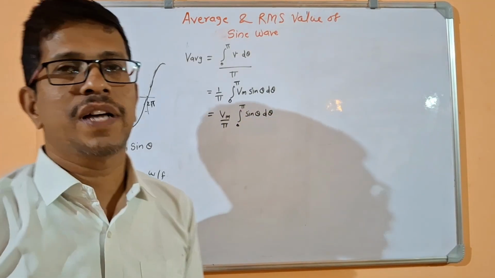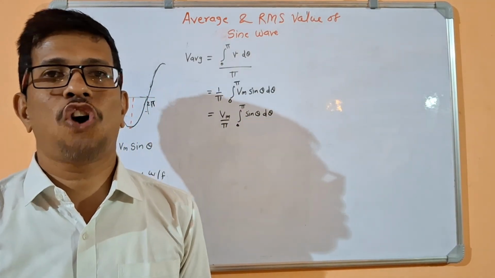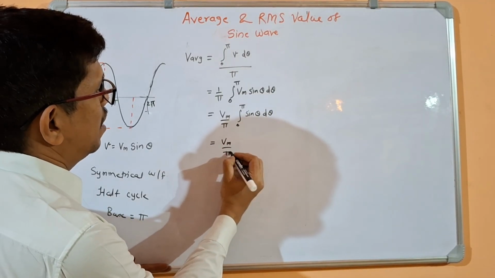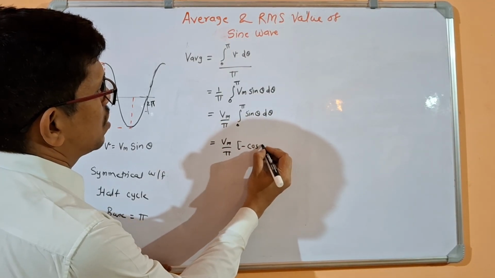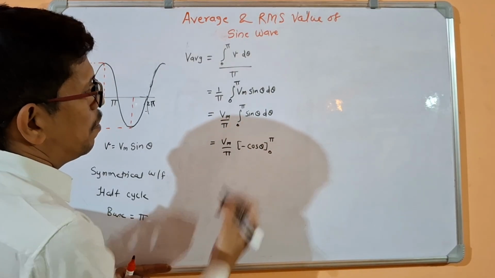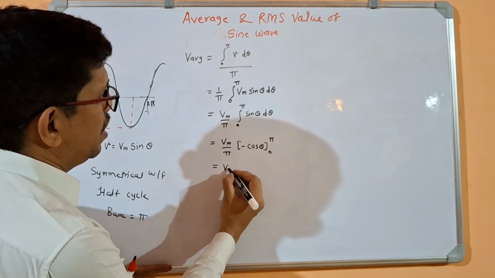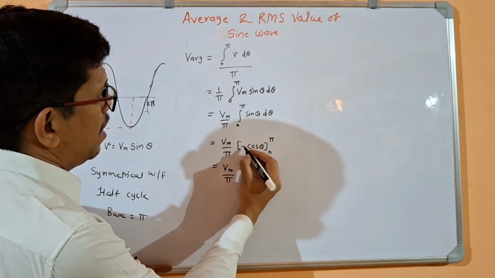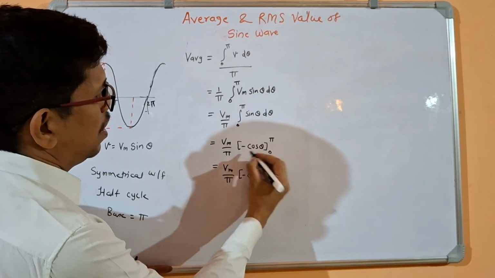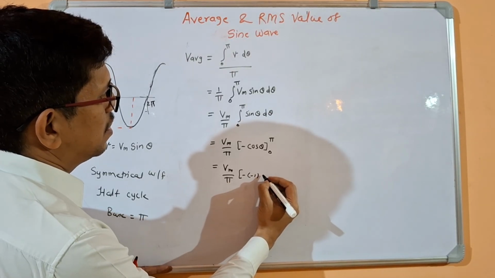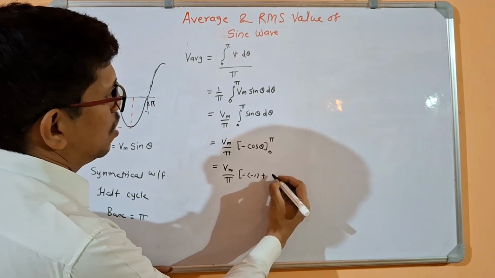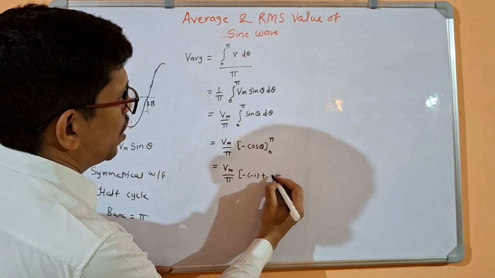What is the integration of sine theta? It is minus cos theta. So this will be Vm by pi times minus cos theta from 0 to pi. If I put the limits over here, what will I get? Vm by pi times minus of cos pi, that will be minus 1, and minus minus will become plus cos of 0, that is 1.